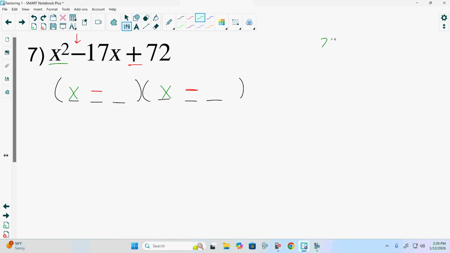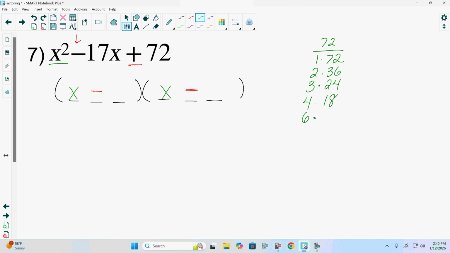Factors of 72. Well, the nice one's 1 and 72, yes? 2 and 36. Is 3 a factor? Yes, 3 and 24. 4 and 18. 5.